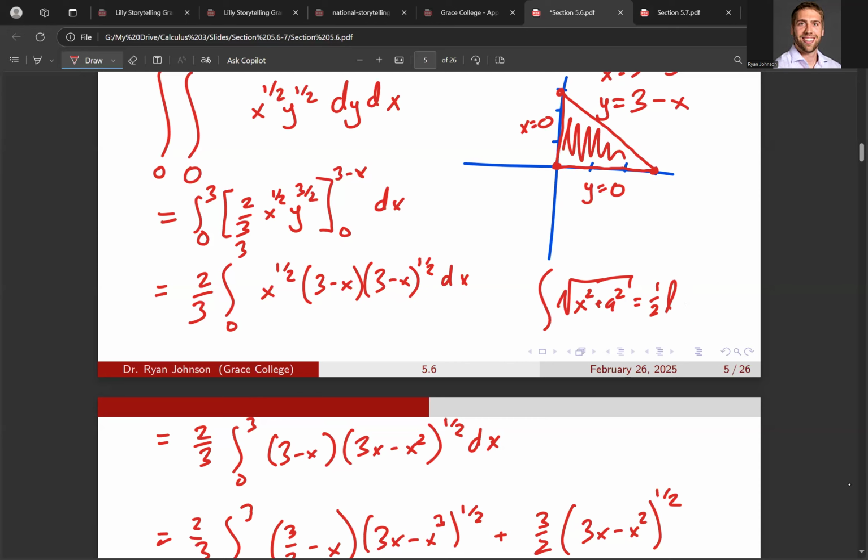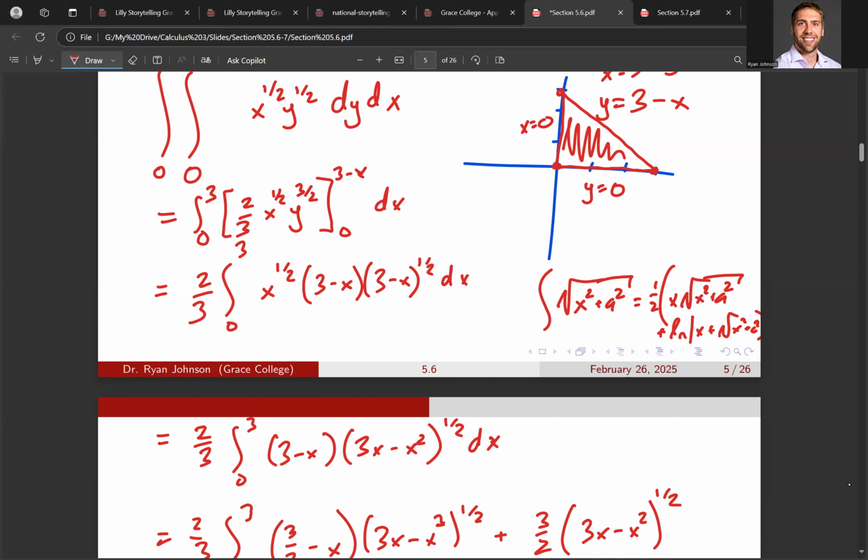Yes, it was 1/2 times x times the square root of x squared plus a squared, plus natural log of x plus square root of x squared plus a squared. And there's like a 1 over a in there somewhere.